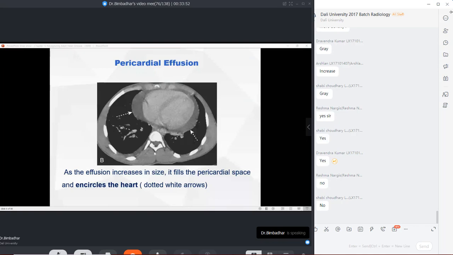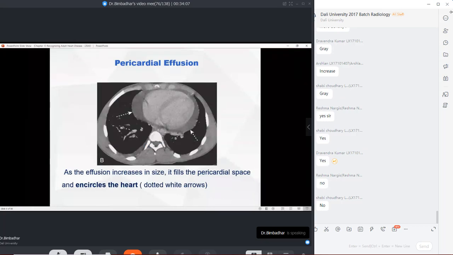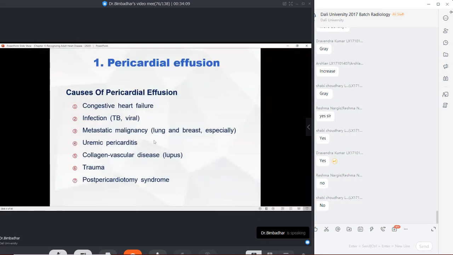So tell me, what are the conditions that will cause pericardial effusions? What can you think of? What are the diseases that cause pericardial effusion? The diseases that cause pericardial effusion are the same as the ones we learned for pleural effusions as well.